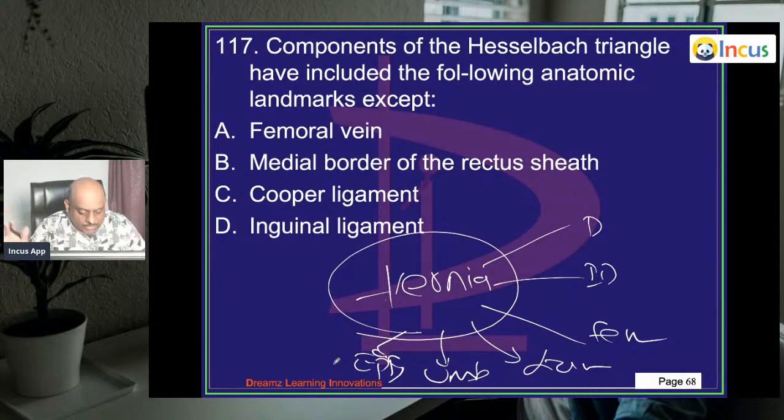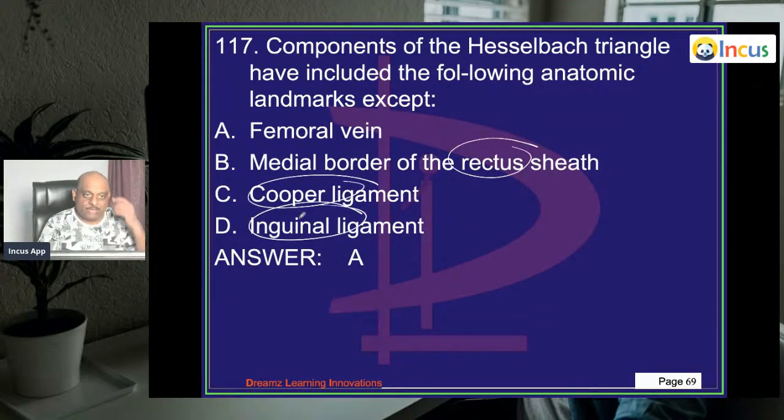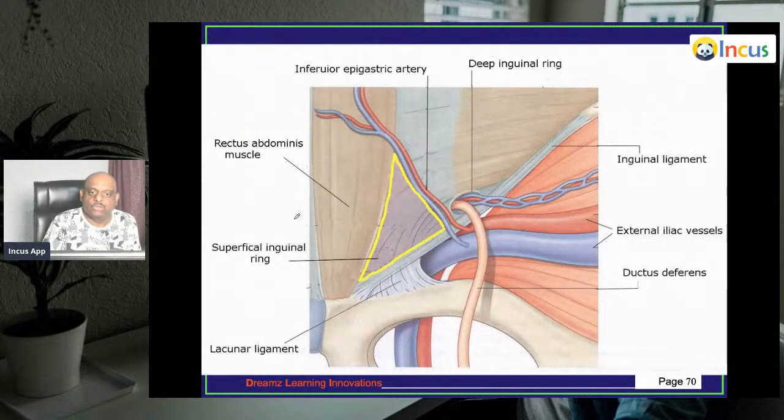Without a question on hernia, there is no exam paper. So be very sure about it. Now, what are the components of the Hesselbach triangle? The medial border of the rectus sheath, Cooper ligament, and inguinal ligament. So you should know very well what constitutes the Hesselbach triangle.